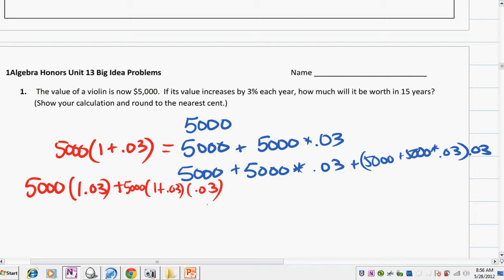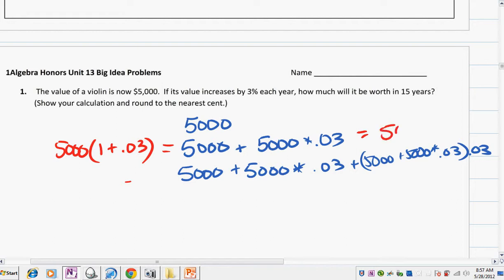So does this work out? Let me think about this. Is this right? So here I would have 5,000 plus the 0.03 times 5,000. Let's add that in. 150 bucks. So that's 5,150. So now I need to figure out how to take the 5,150 and grow that.